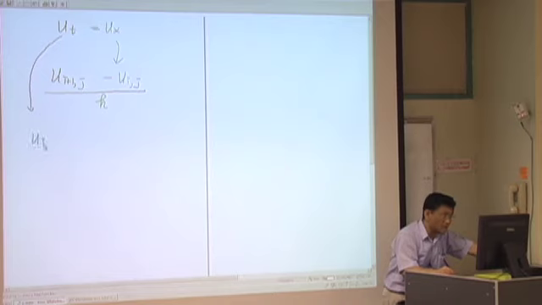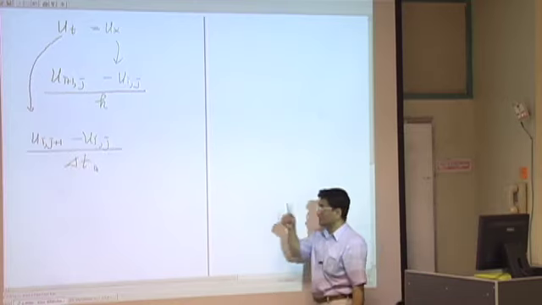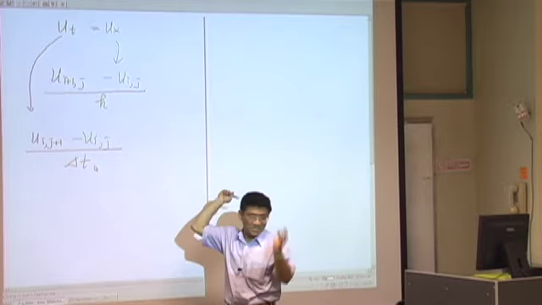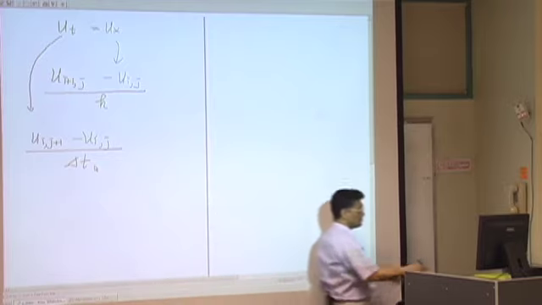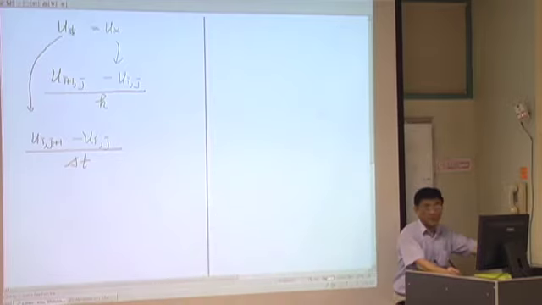U_{i,j+1} minus U_{i,j} over delta t, right? To specify the direction, I will use delta t instead of just saying h and k and so on. So I used the finite difference of u with respect to t, and now I will use the finite difference of u with respect to x.